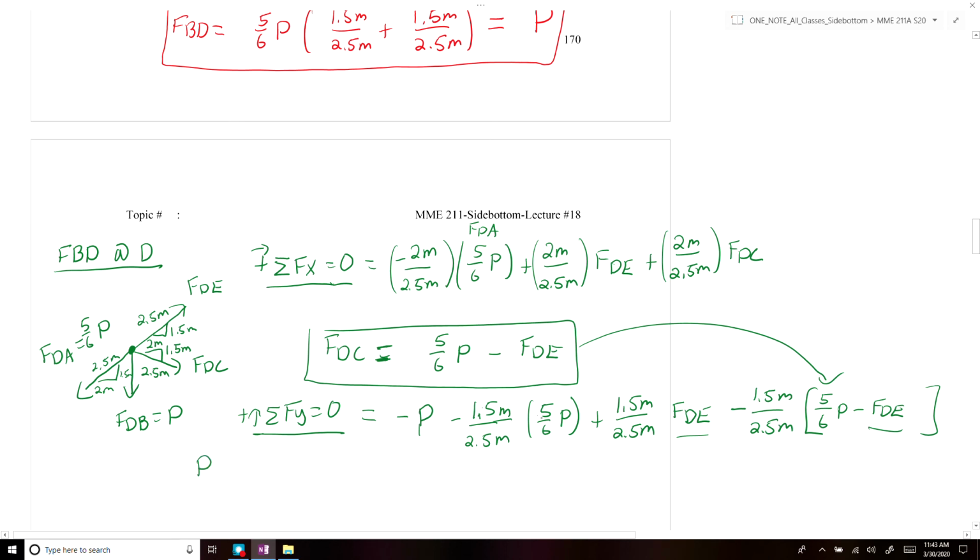So we would get P plus 2 times 5 plus 0.5 P, and then plus 0.5 P again. Those are all of our known terms.